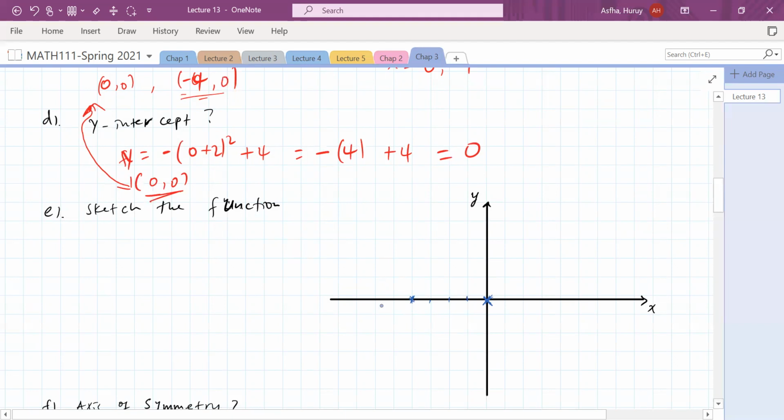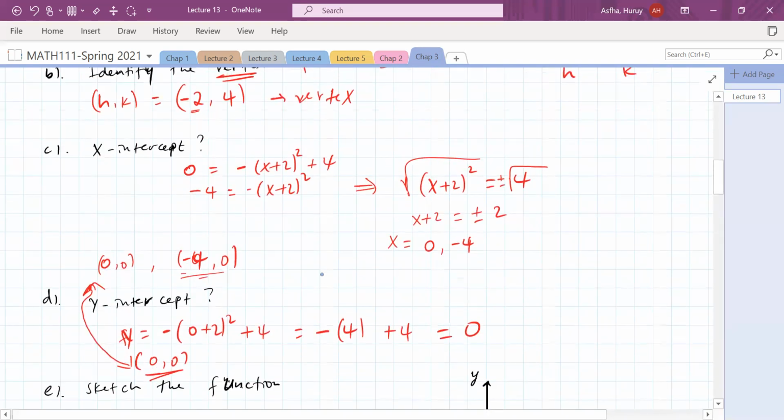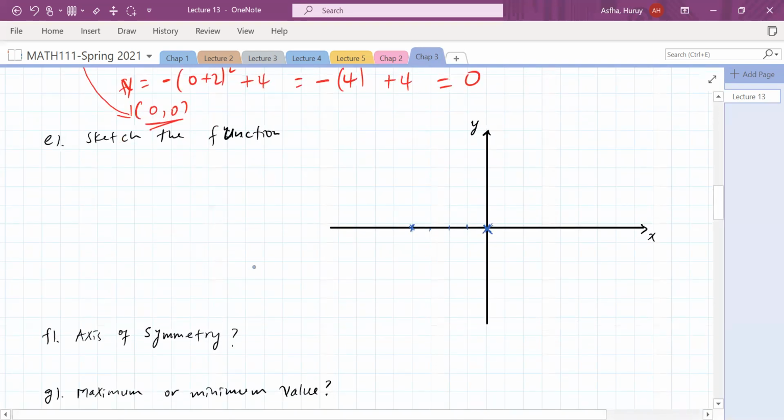And let's find out what the vertex is. Well, we found it already, so it's (-2, 4). So -2 is right here, and 4 is somewhere here. Okay. And we know the graph opens downwards, right?